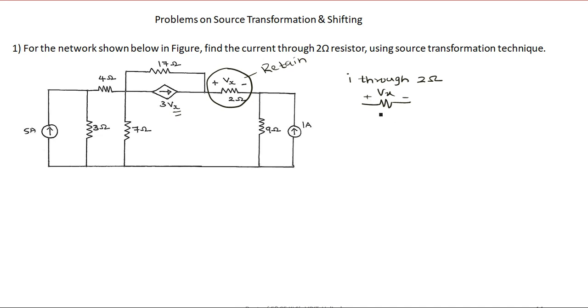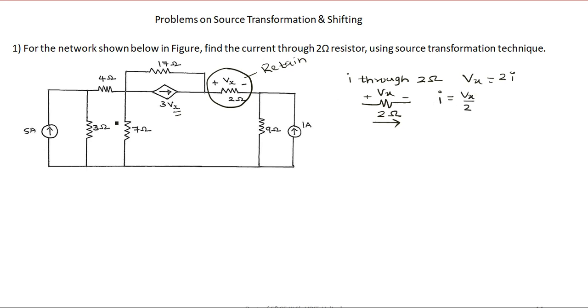If you assume the passive sign convention, that is, the current flowing from higher potential to lower potential, we can define I is equal to V by R. Or first, if we define the voltage Vx, Vx will be 2 times I, whatever current comes here. Then I is equal to Vx by 2.